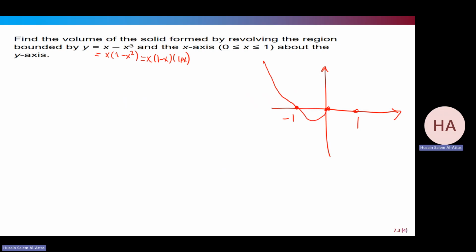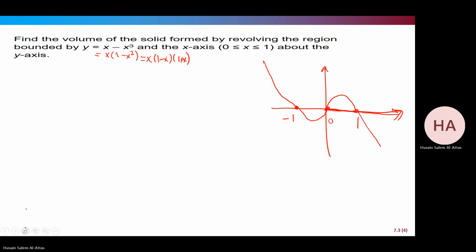So it will do something like this, then it will do something like this, then it will go down. Now I want to check the region bounded by this one and the x-axis, between 0 and 1. So I'm talking about this region.